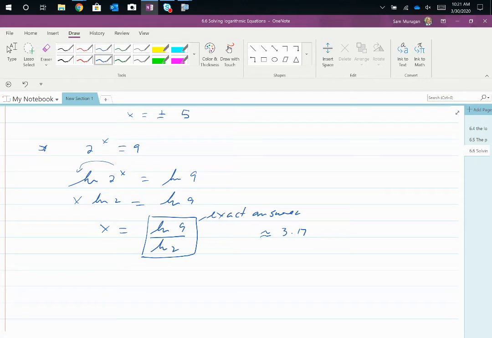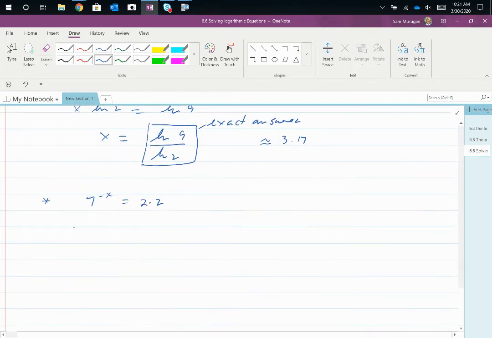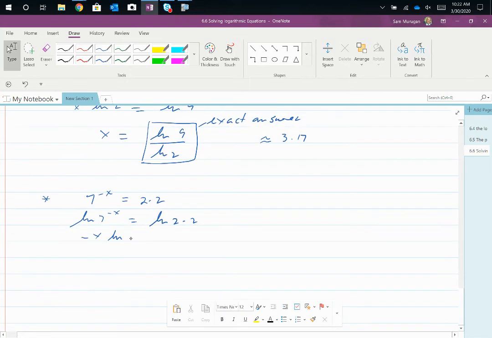A couple more examples with this. So if I have, say, 7 to the power negative x is equal to 2.2. So again, taking logarithms on both sides. So negative x ln 7 is equal to ln 2.2.